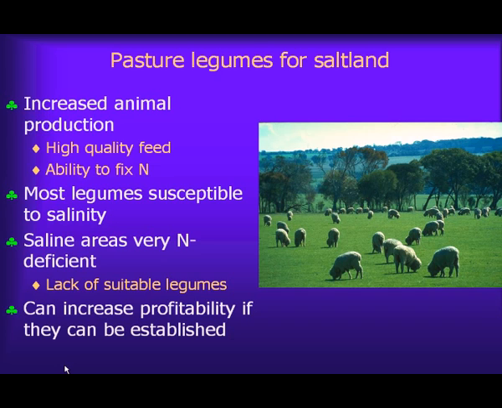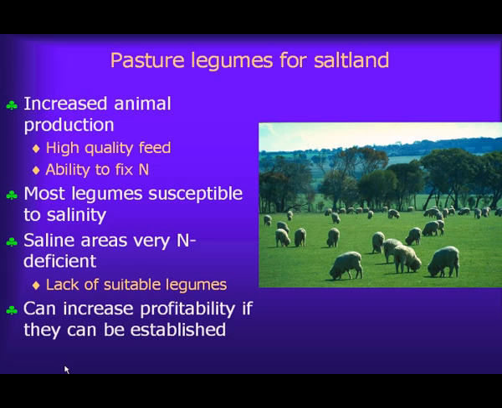Now I'll talk a bit about pasture legumes for saltland, and the reason for our interest in them is that they lead to increased animal production. They've got good feed quality in themselves, high digestibility and protein levels, and of course their ability to fix atmospheric nitrogen means that other components in the pasture, the grasses and herbs, are also more productive.